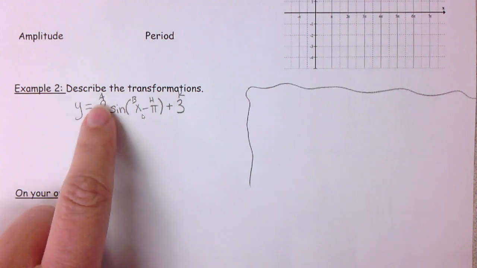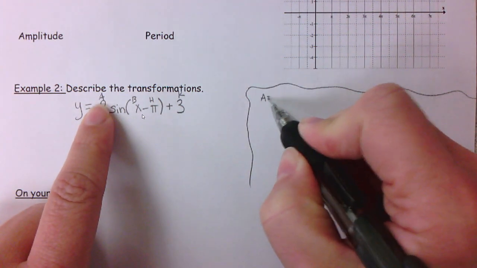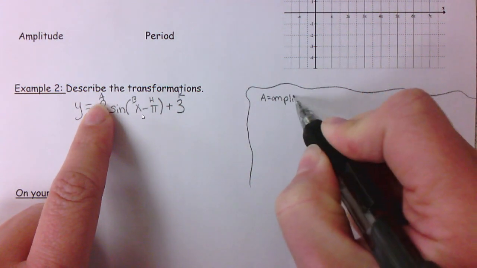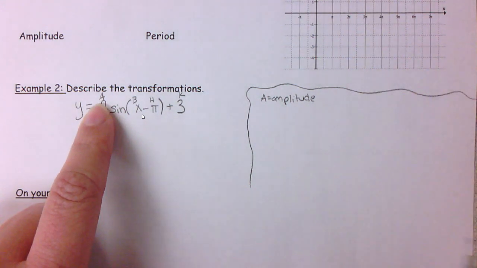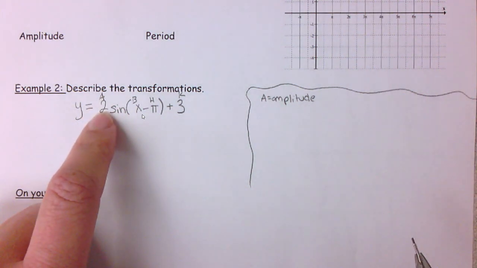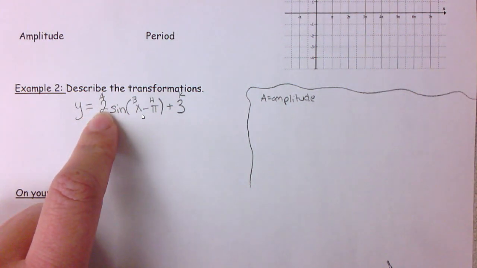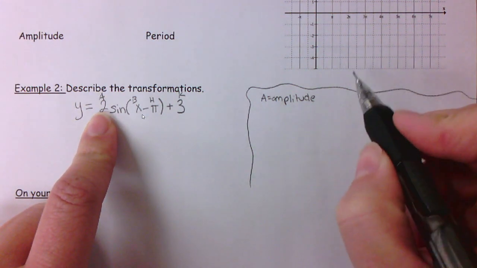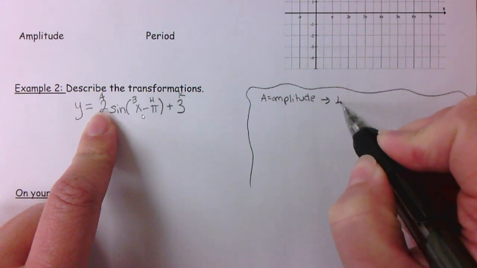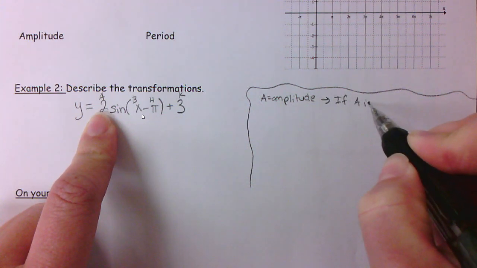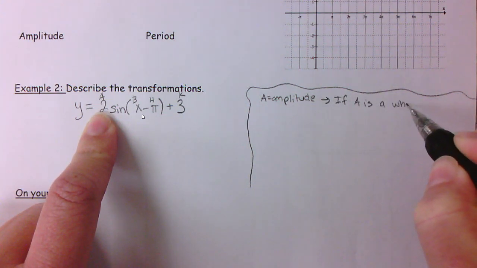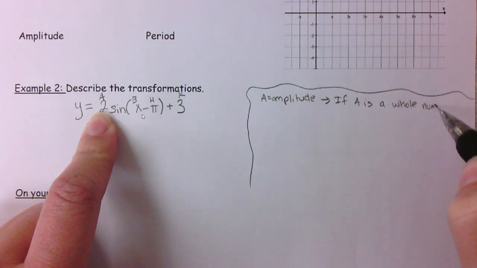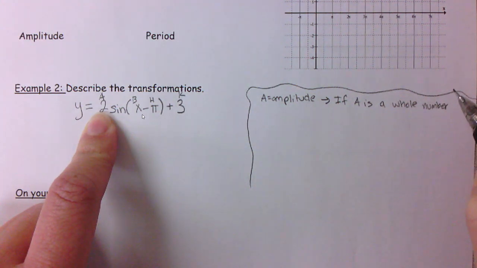So A is the amplitude. And that kind of tells us how high or how low the graph goes. So remember, it stretched it vertically. So if A is a whole number, it's going to stretch.